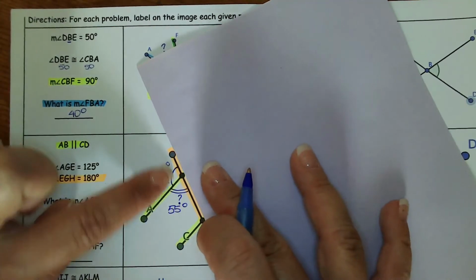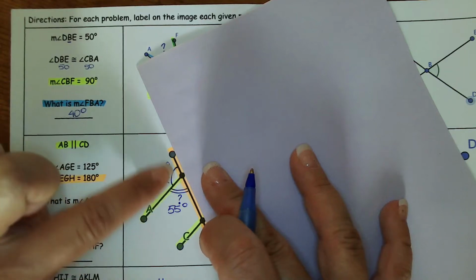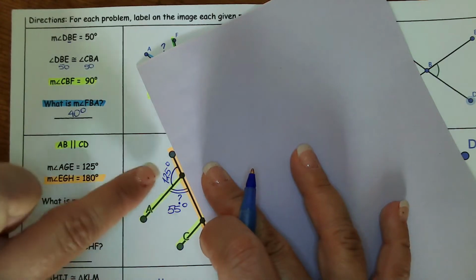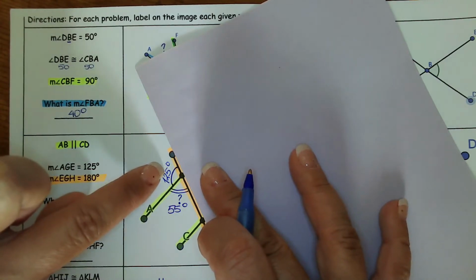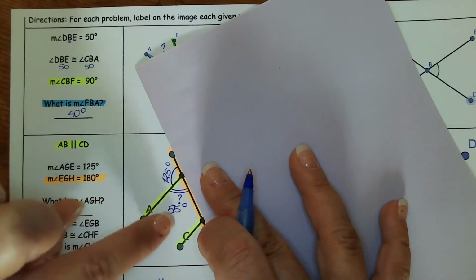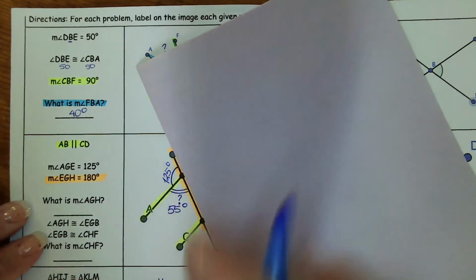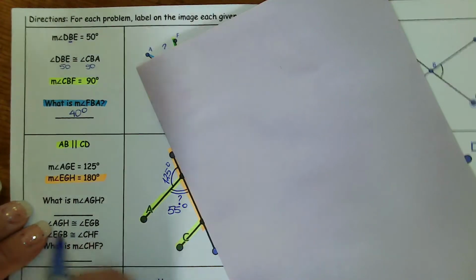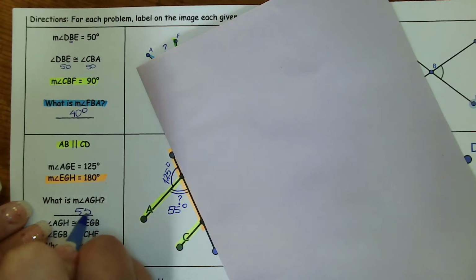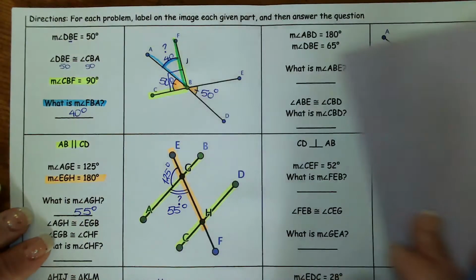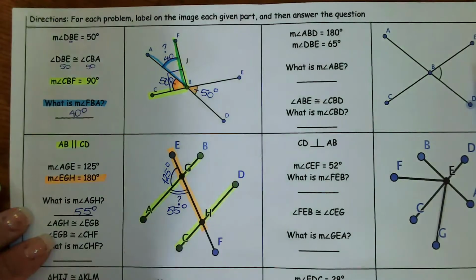So the two angles that add up to 180 degrees are called supplementary. Knowing one angle, we subtract 180 minus 125, and that is 55. So what is the angle AGH? It's 55 degrees. Let's see what other questions we have.